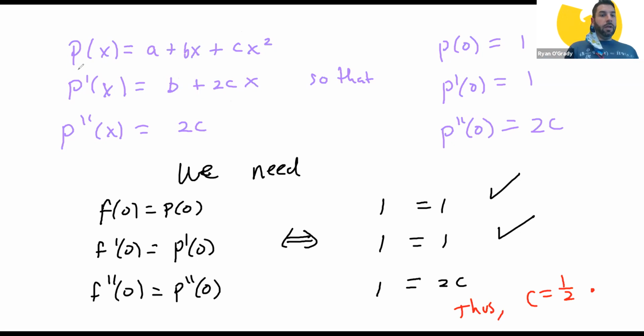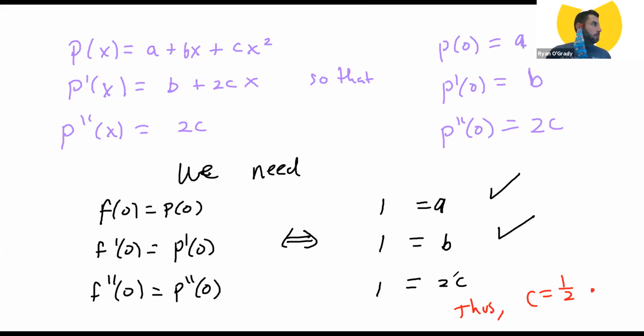All right, now plug 0 in. Well, here when you plug 0 in, you get A. Plug 0 in here, you get B, right? So then when I come down here, this would be A. We would get, A has to be 1. This would mean B has to be 1, and then C still has to be 1/2. Does that make sense? So I could have done it this way from the beginning.